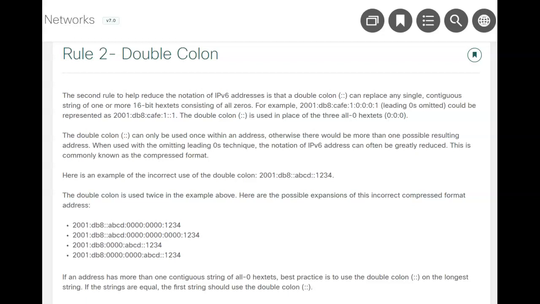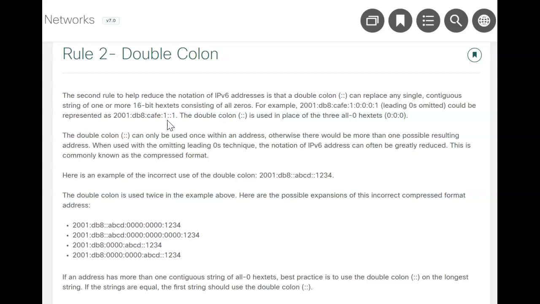So all the leading zeros were removed. What you could do now, instead of having all those zeros, when you look at this, you've got 12, 4, 8, 12, and then 3 more there. So you've got 15 zeros in this address that can all be omitted.